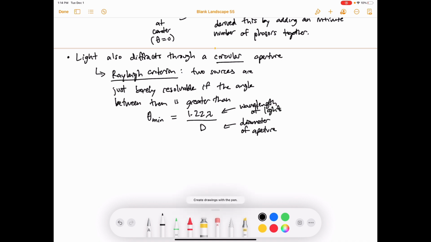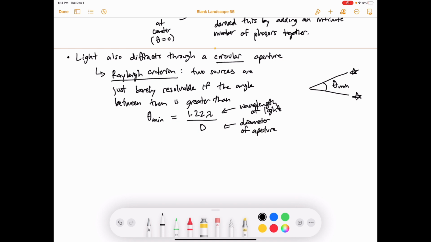So the picture you should have in your mind is that we have two sources. Maybe they're two stars we're looking at in the night sky. They have to be a certain angle apart, theta min, in order to actually be able to resolve them as two separate objects. Because the light from each one of those sources is going to be diffracting through the circular aperture. That's going to blur the light. It's going to make it spread out.